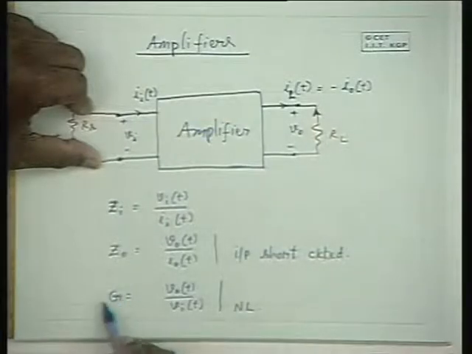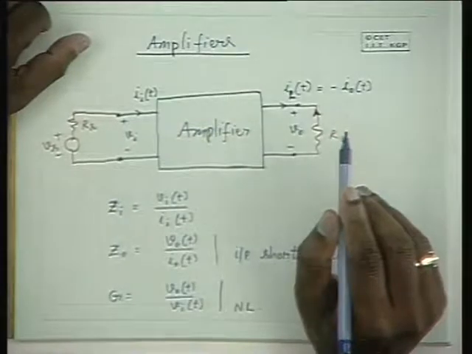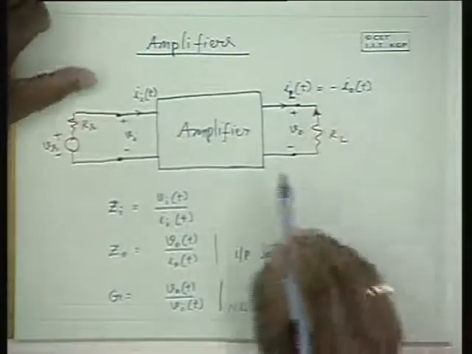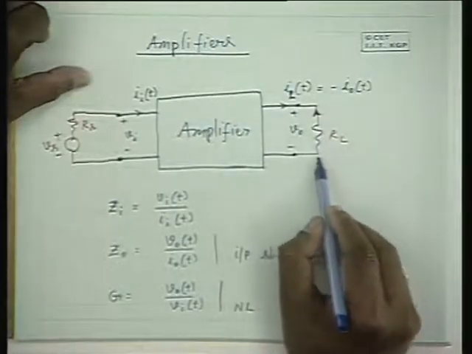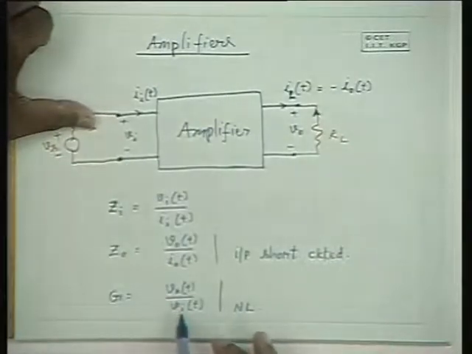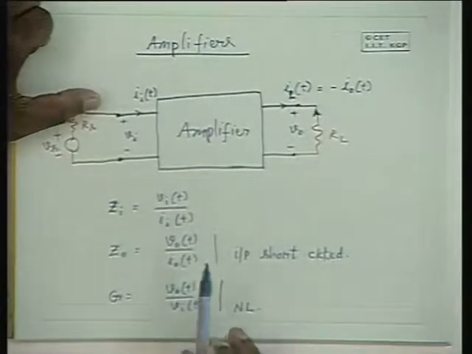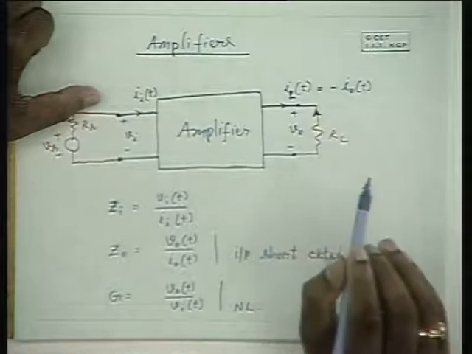So this is the no load voltage gain of the amplifier. Of course, when you connect the load resistance, V0T divided by VIT gives the gain of the amplifier under loaded conditions.